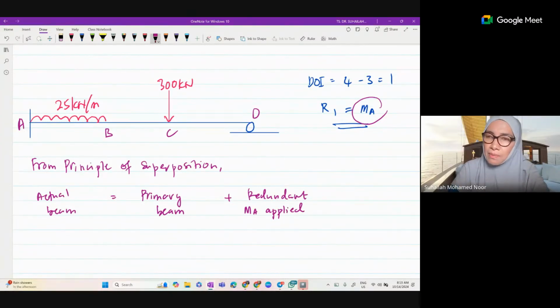We get the compatibility equation from this.